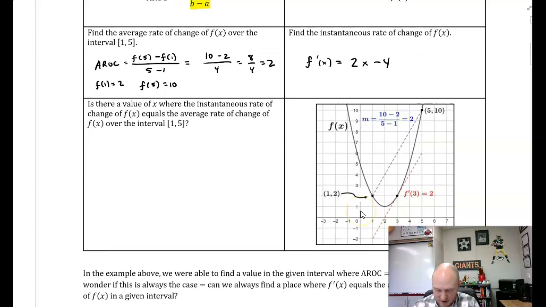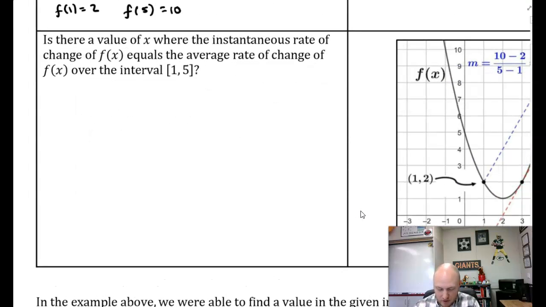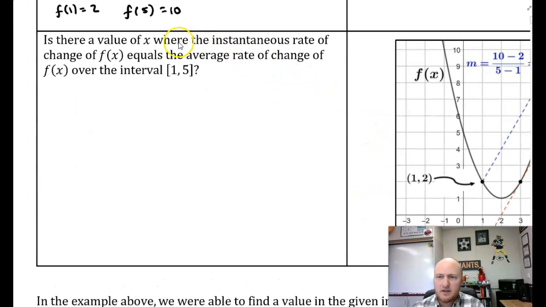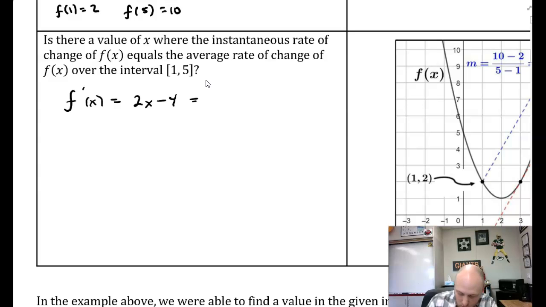Okay, next question. Is there a value of x where the instantaneous rate of change of f of x equals the average rate of change of f of x over the interval 1, 5? Well, our instantaneous rate of change, f prime of x, was equal to 2x minus 4. And what we want to know is where the instantaneous rate of change equals the average rate of change.